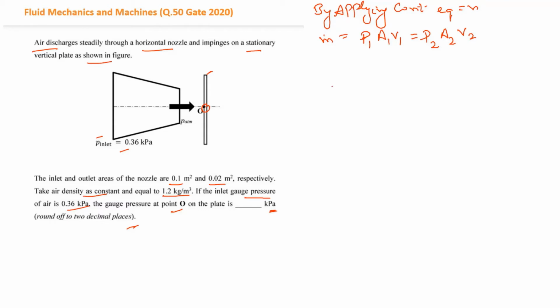So it would be 0.1 V1 is equal to 0.02 into V2, and the densities would cancel out, so the outlet velocity would be 5 times the initial velocity, right?